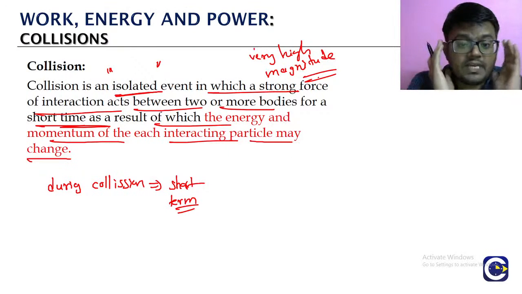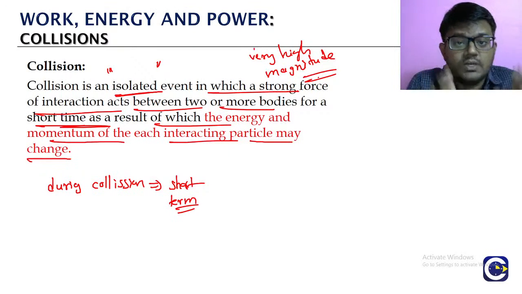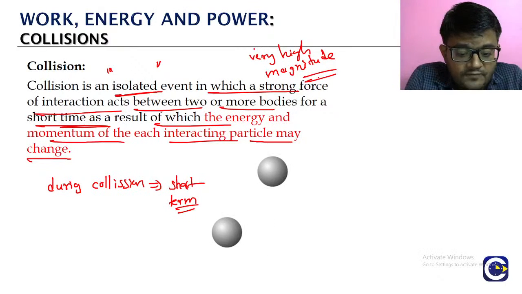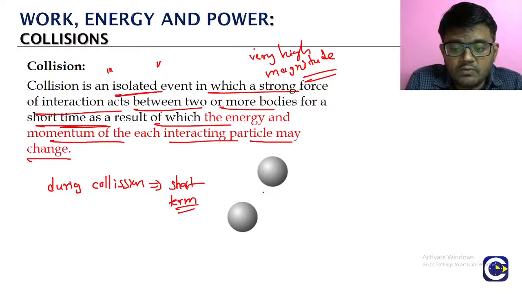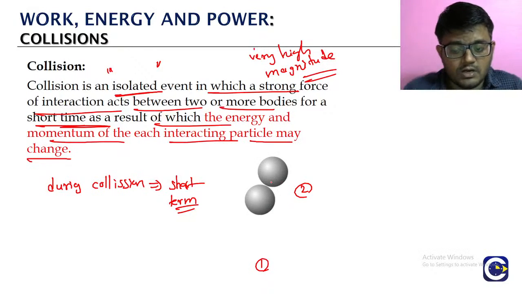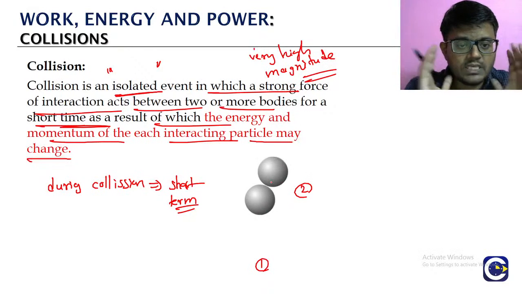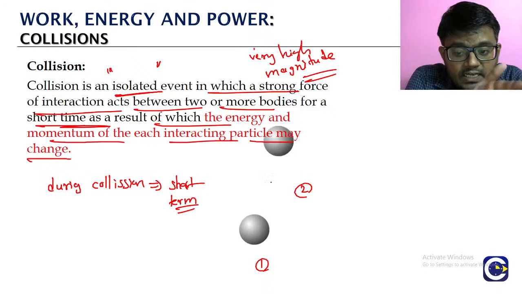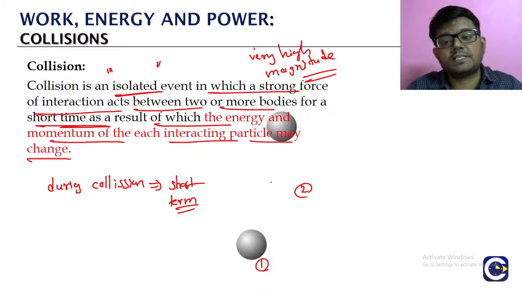But whenever we hear the word collision, the idea that comes to us is that there is a physical touch, like one ball physically going and touching the other object. So what we think is that collision means there is a physical touch between these two objects.